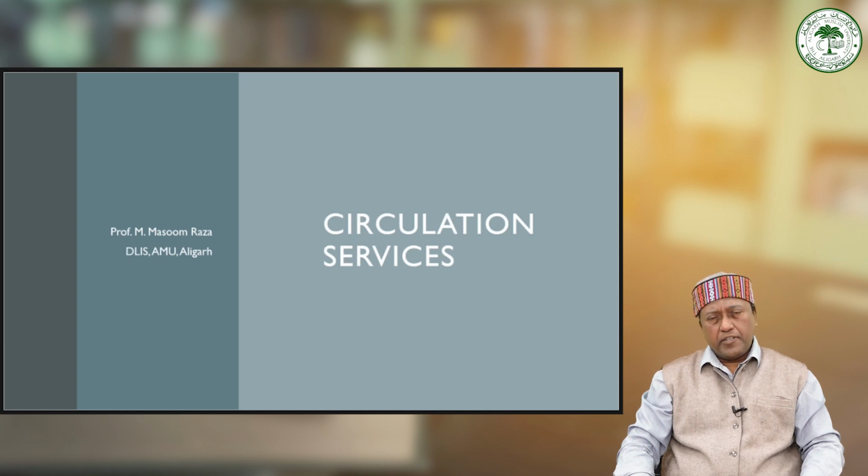It's not only for the section but for the whole library, because it tells you how your library is working. The circulation section will show you the exact picture: how much your library is in demand, what collection is maximally being utilized, and which collection is not utilized to the extent you might be expecting.